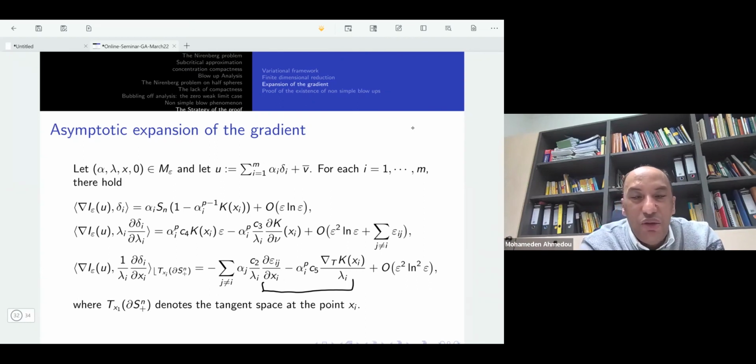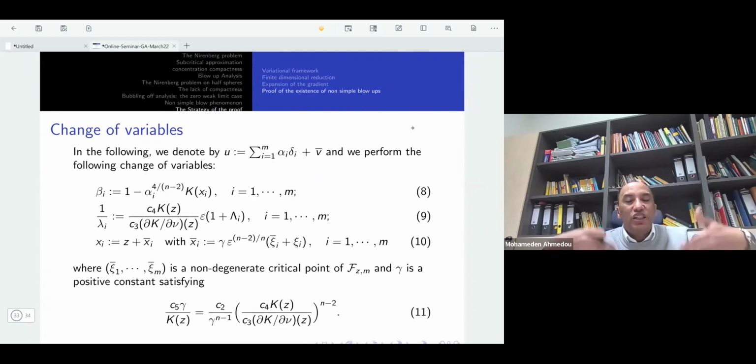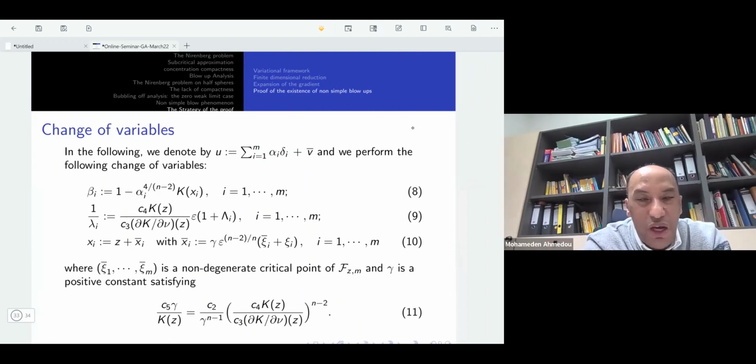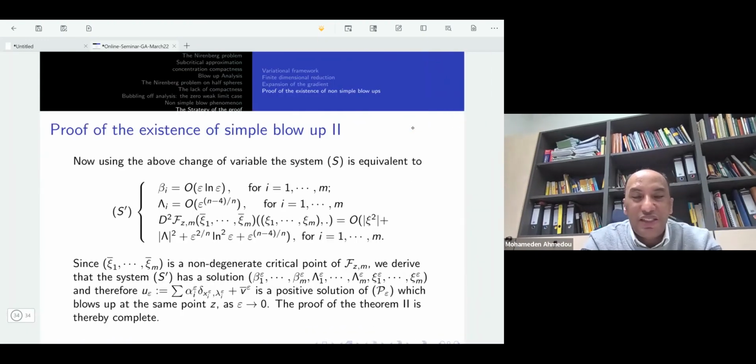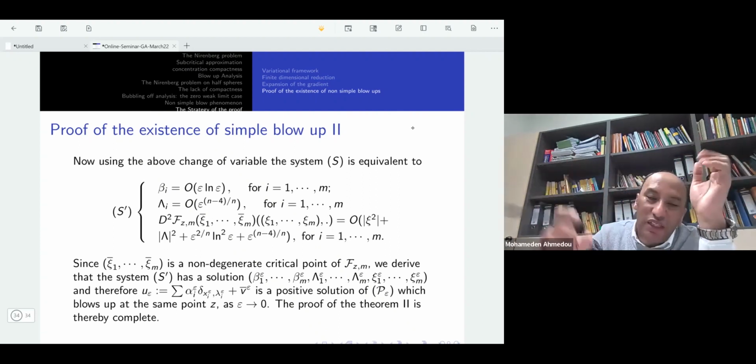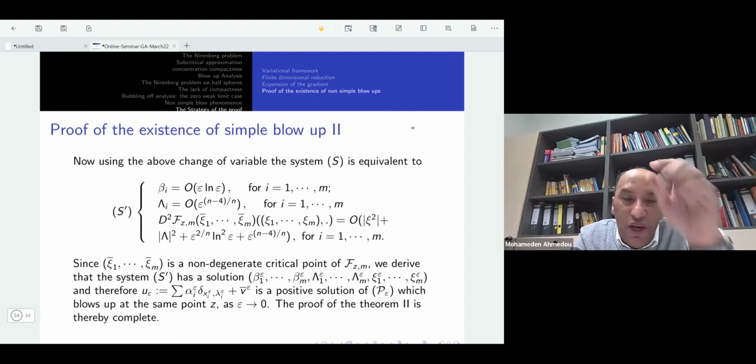And then you make a change of variable. Once you make a change of variable, your system is equivalent to a very nice system, with beta i equal to big O of epsilon log epsilon, lambda i equal to big O of epsilon to the power (n-4)/n, and the Hessian at the point is big O of epsilon squared plus eta squared plus epsilon squared, and this is non-degenerate.